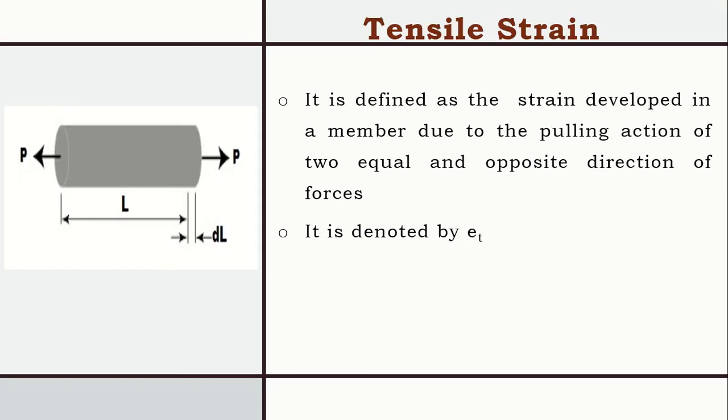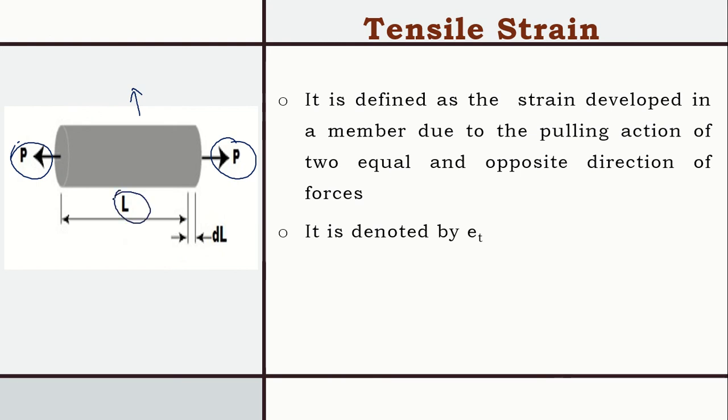Coming to the first one, which is tensile strain. So again let's take a same element, and I told tensile means the load will be pulling. So there is a P load acting on either side which is trying to tense the member. So once the resistance of this material is out, what it will do? It will deform. Since it is a pulling load, the deformation will be a tensile deformation, means the length will increase.